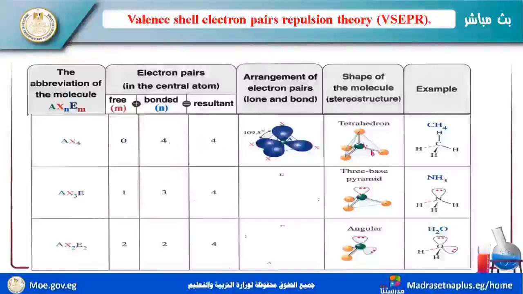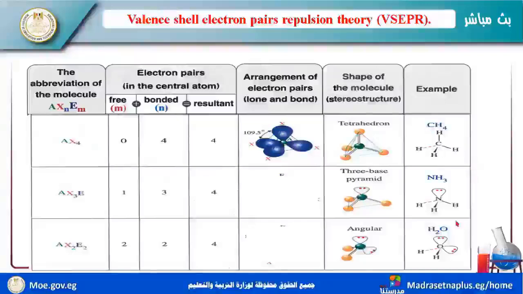So it is a tetrahedron or tetrahedral shape, and the angle equals 109.5. This is the CH4 shape, angle and symbol.